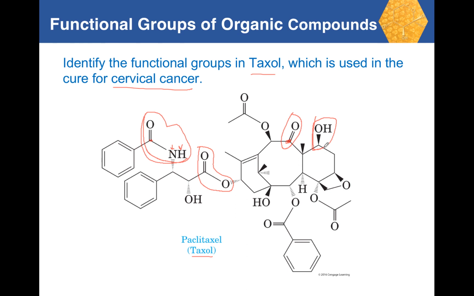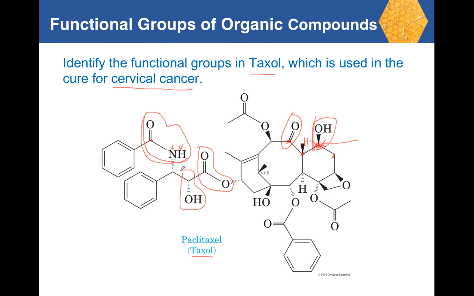And remember that classification is based on the number of groups bonded to this carbon, the carbon that contains the OH. So that's a secondary alcohol because it has two groups bonded to that carbon. There's a hydrogen here that's not shown. Now the alcohol is right here.